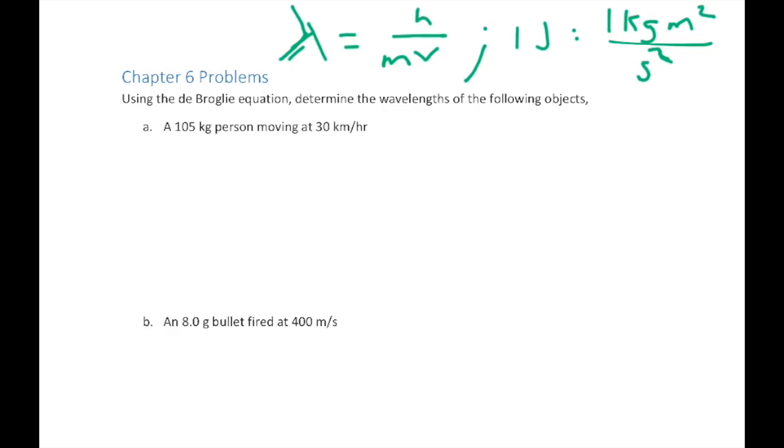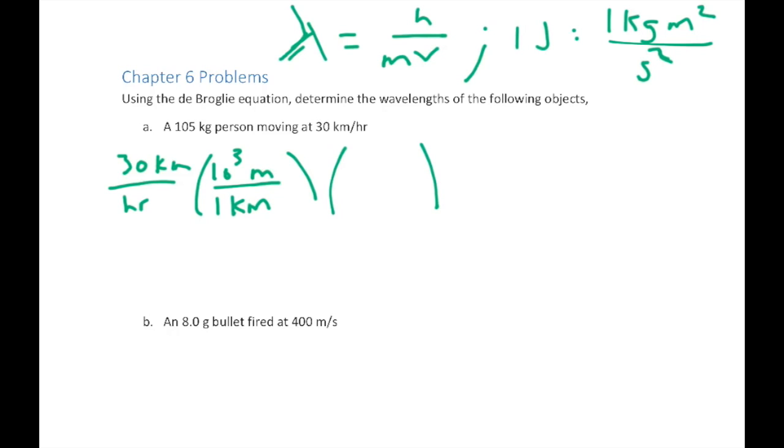So, we have 30 kilometers per hour. We're going to take that to meters per second. So there are 1,000 meters in a kilometer. So our units cancel.